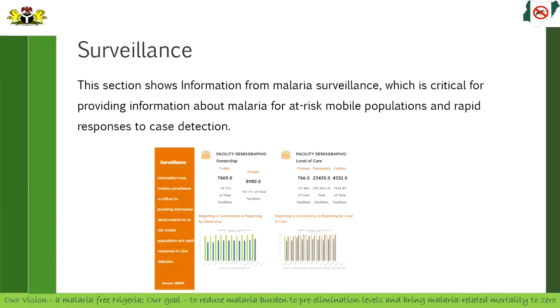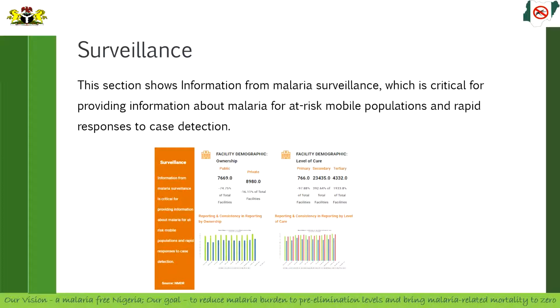Then when we go through the surveillance section, we put up elements like health facility demographic ownership, which, when we say ownership, we're looking at public or private. Then we also look at the facility demographic level, which is the level of care: primary, secondary, tertiary. It's just to tell you that these are the numbers that we have.